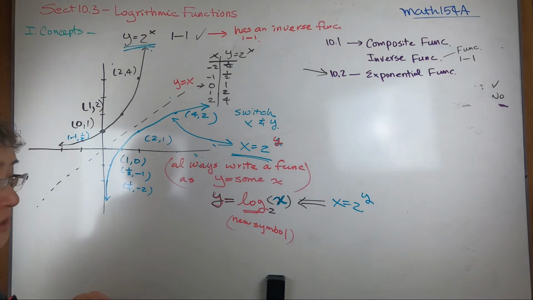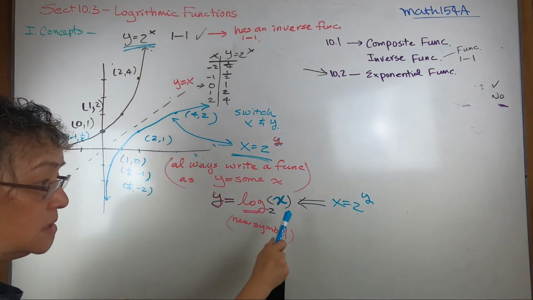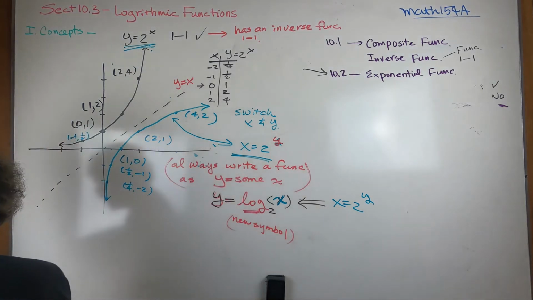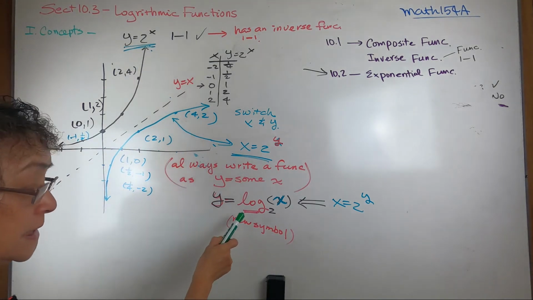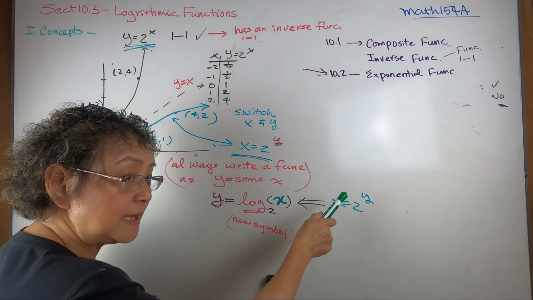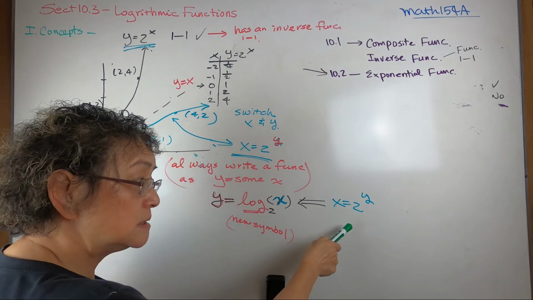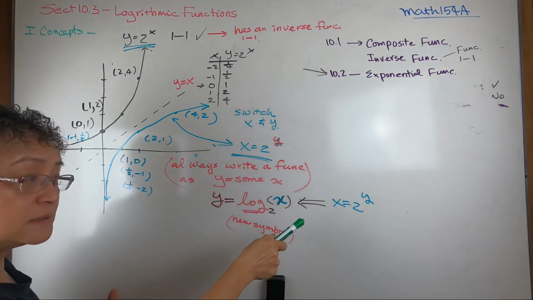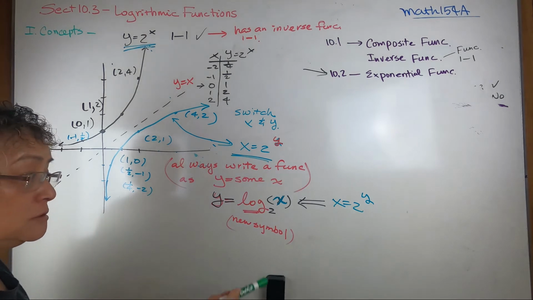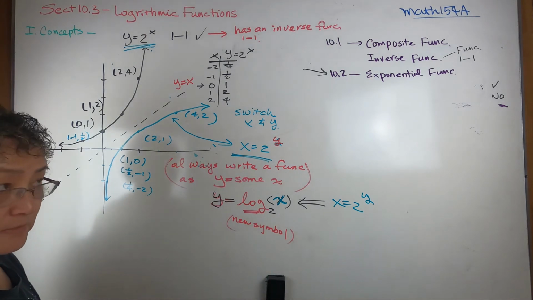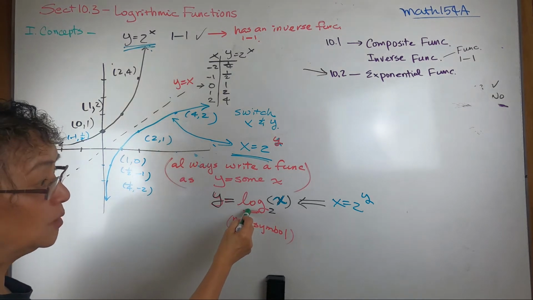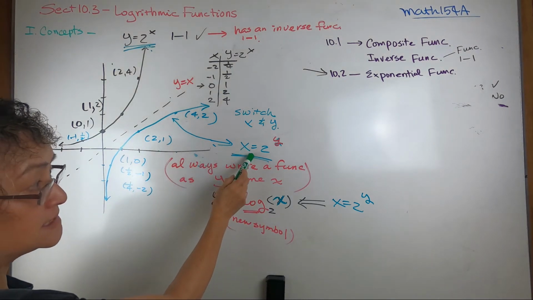Okay? So, we cannot see the log. What you need to do is translate the log to the exponential type of equation to see the log. Okay? Because we just use this new symbol to represent this idea.